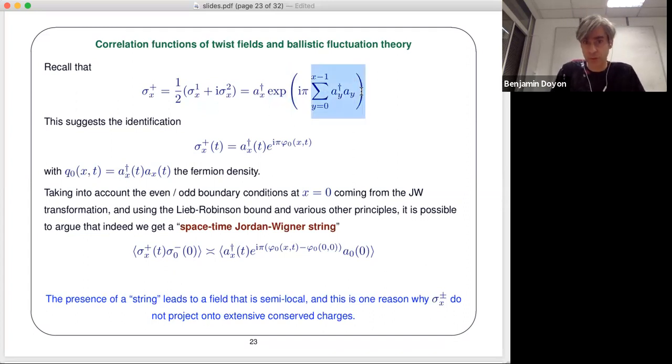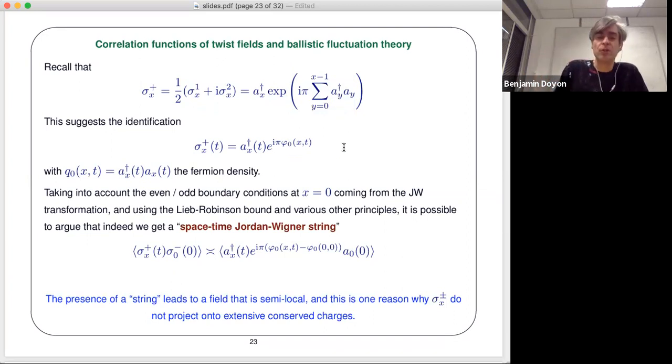So this is the conserved density. So this is exponential i pi sum from 0 to x minus 1 of a conserved density. So it looks like we have a phi 0. In fact, we have a phi 0(x,t) minus phi 0(0,0). We start at 0 here, right? So it's actually a kind of a product of two twist fields.